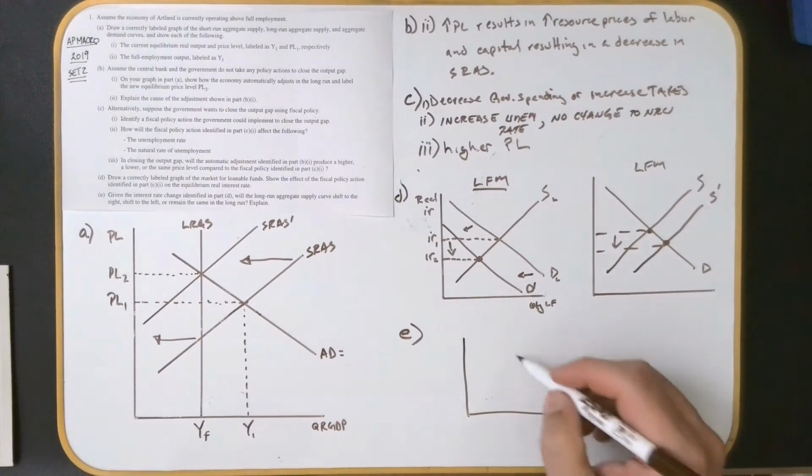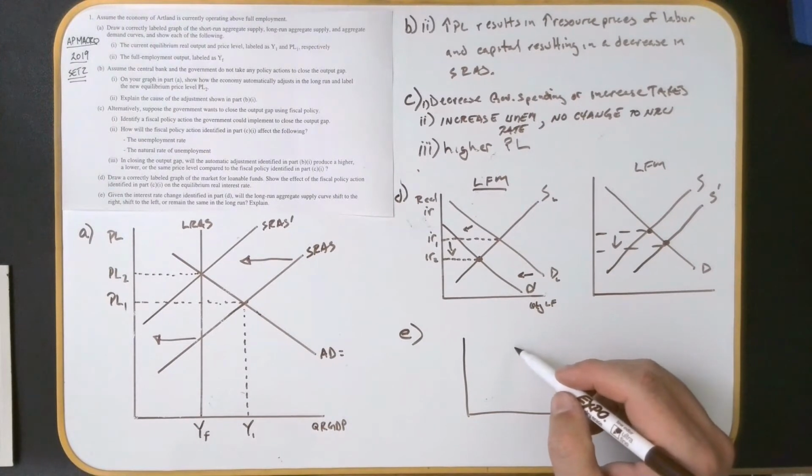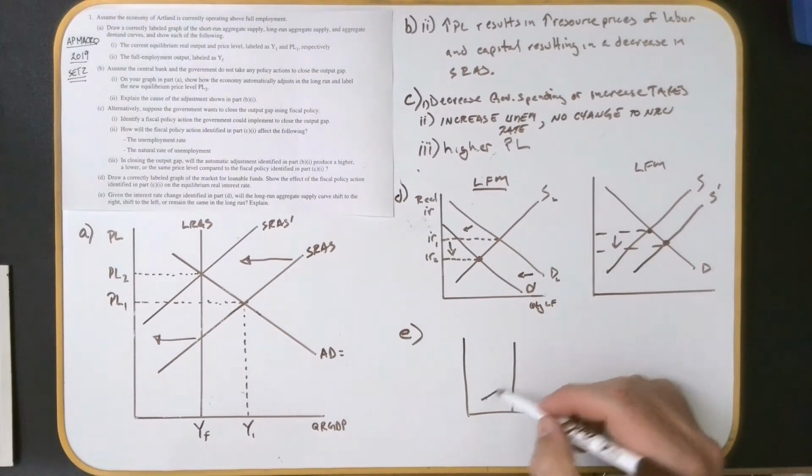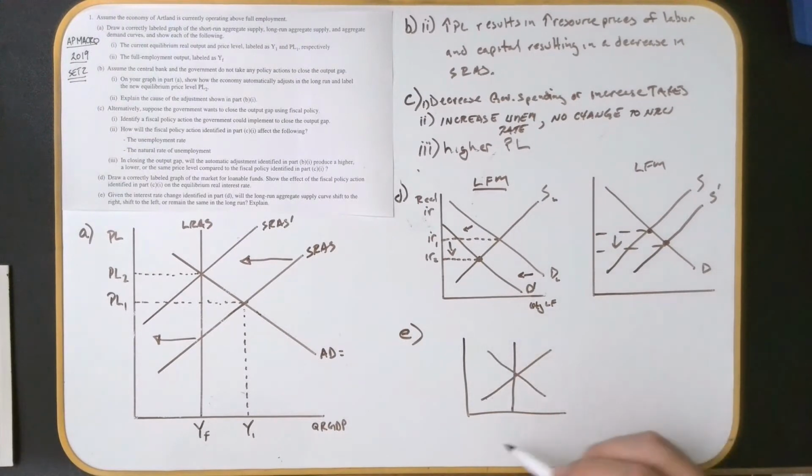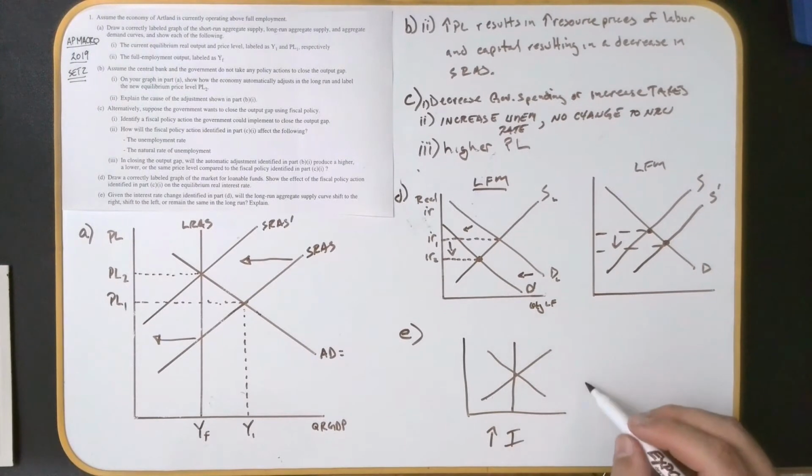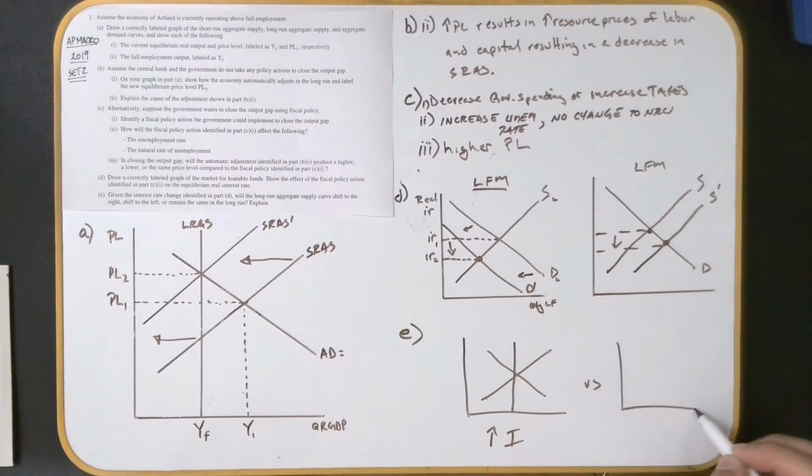I'm going to erase it. But it's so important that you get the difference here. What happens, and I'll just do this from equilibrium, what happens when the catalyst is an increase in investment versus what happens if it's just an increase in consumption or government spending?